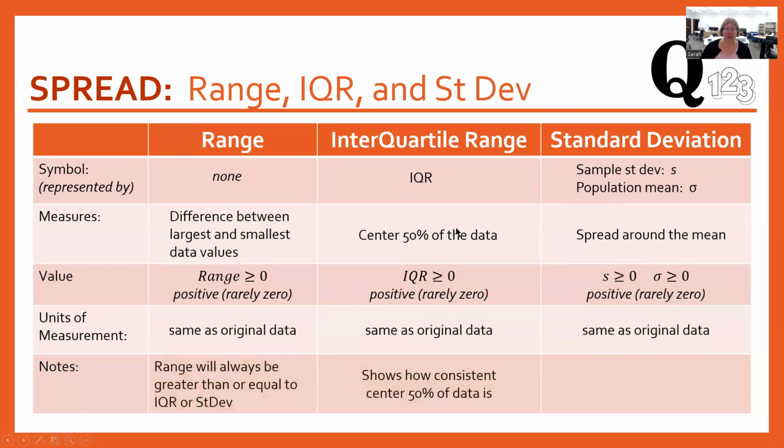And then our notes. So the range is always going to be greater than or equal to the IQR or standard deviation. So it's always going to be the biggest possible thing. And in the next video, we'll actually look at a picture of that and see that. And then the IQR shows you how consistent that center part of your data is. And you're hoping that that's pretty consistent in most cases, but that's what that's giving you a clue to.